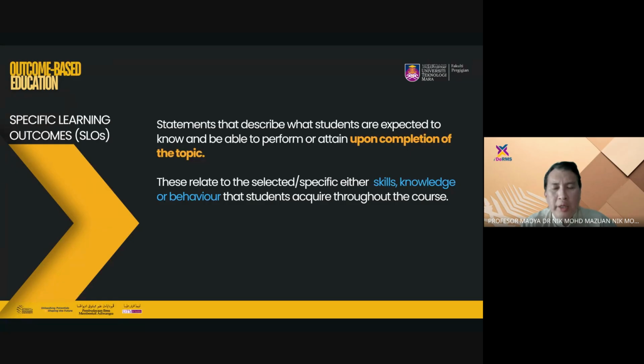If you are designing a topic or a course, for example, you have one topic, tooth colored restoration, and you have several types of it, and each type you need about 1 hour to teach.